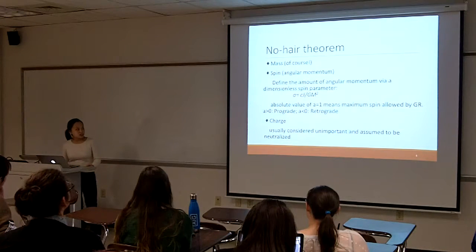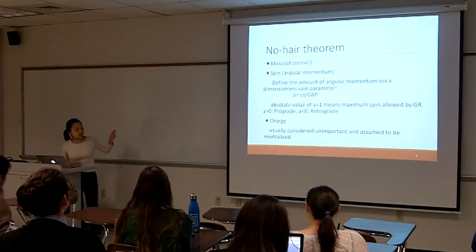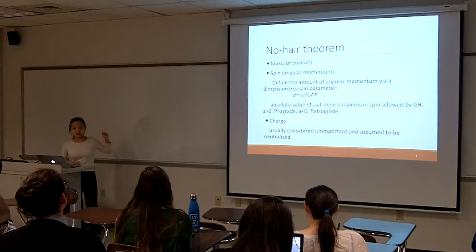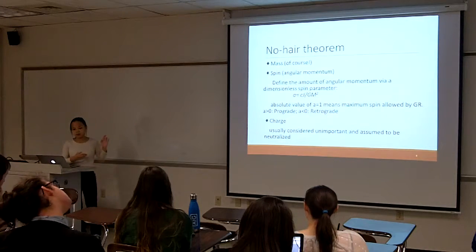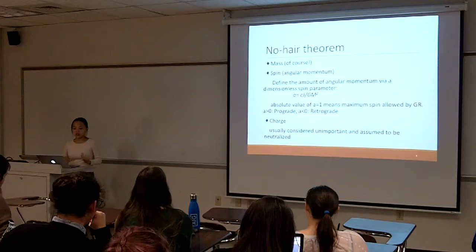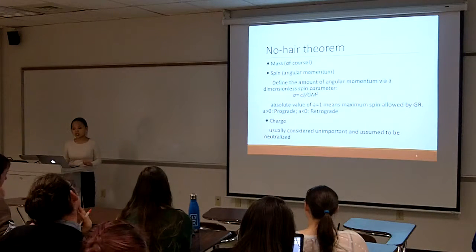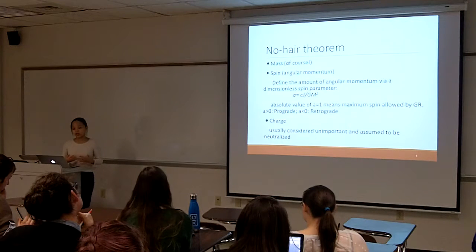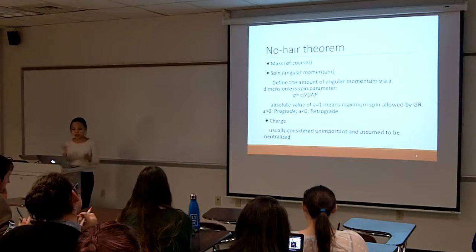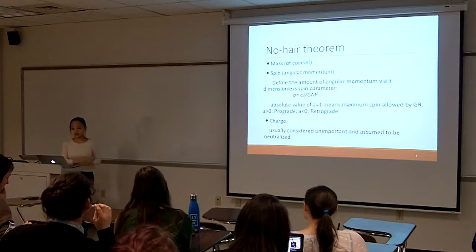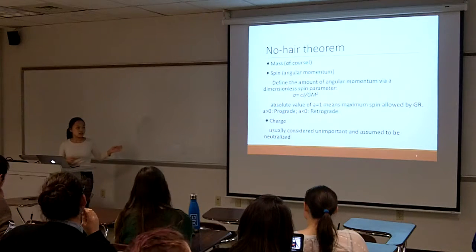Spin is defined by a dimensionless spin parameter, normalized so that when this parameter equals 1, it means the maximum spin allowed by relativity, and it could be negative or positive. When it is positive, it is prograde, meaning the matter around it orbits in the same direction as the black hole itself. When it is negative, it is retrograde.